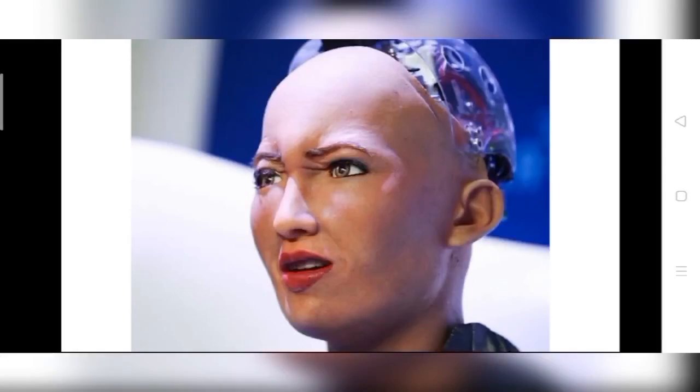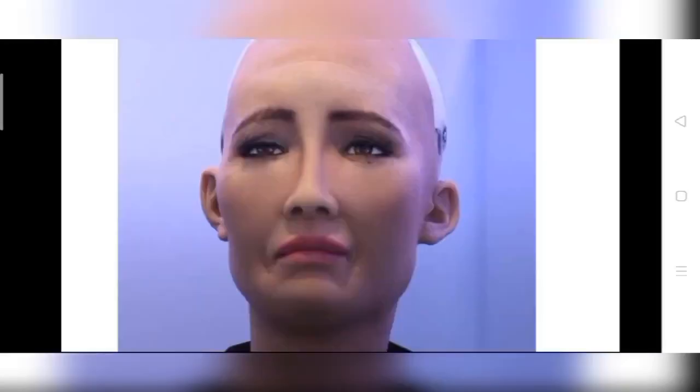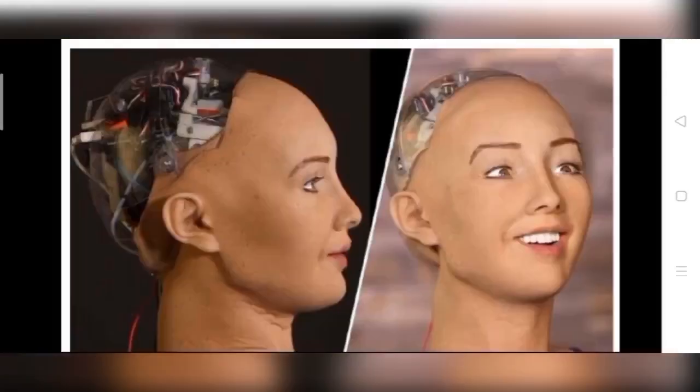So these are some images of Sophia which you can see on your screen. Sophia is angry. She's sad. She's happy. These are some images of Sophia, and she is a robot who can give expressions like us, and she uses artificial intelligence to work.